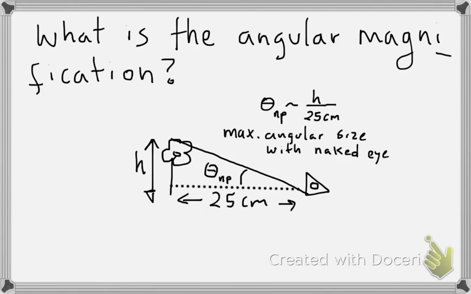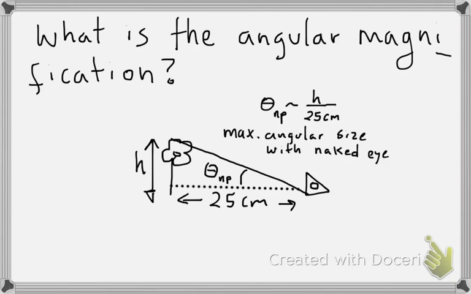The closest to our eyes that we can focus on an object is 25 centimeters. So that obviously gives you the biggest angular size when looking at an object. If you want to look at the details of an object, you obviously want to bring it as close as you can to your eyes and still be able to focus on it.